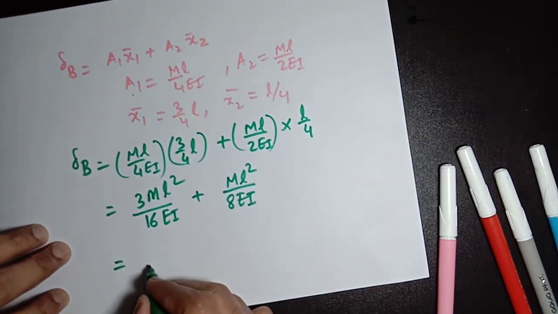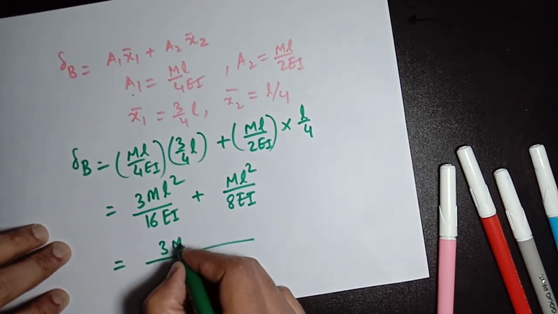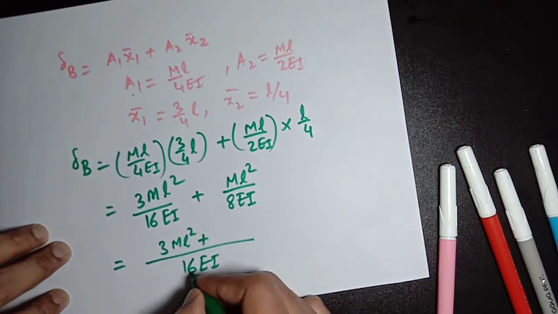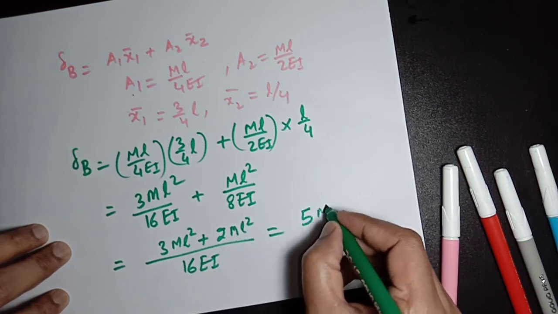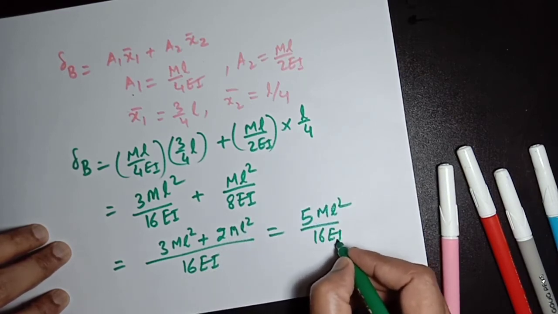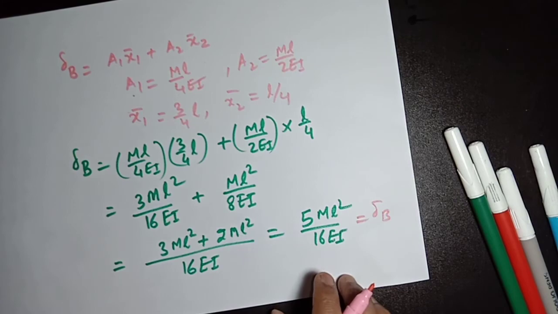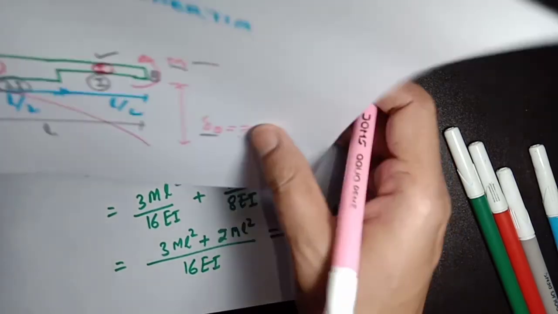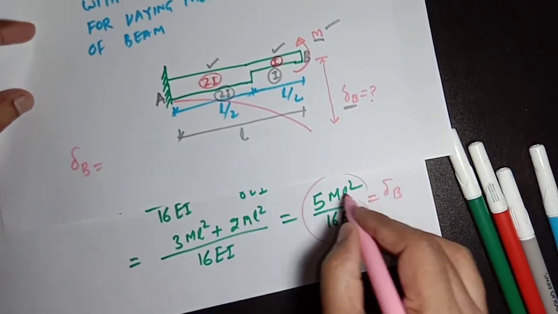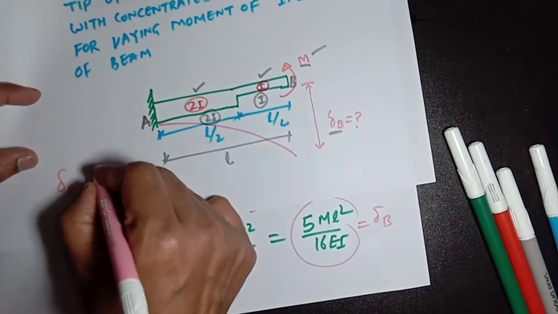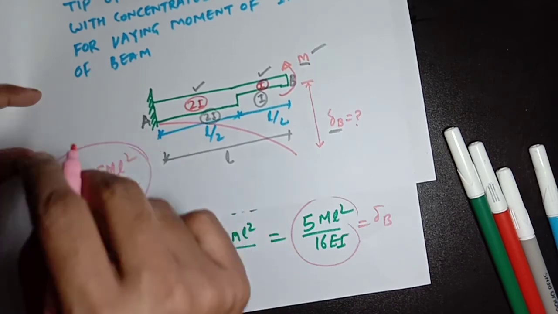Taking 16 EI common, it will be 3 ml square plus 2 ml square, which is 5 ml square divided by 16 EI. This is the deflection delta B, calculated at the tip of this cantilever beam.